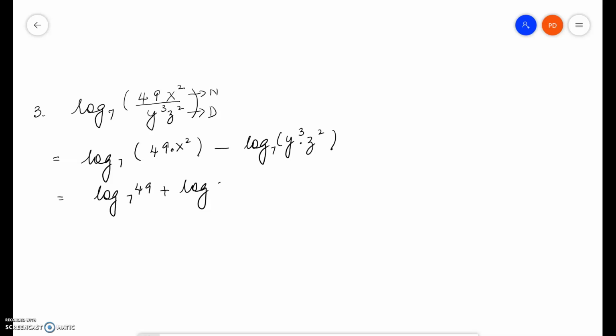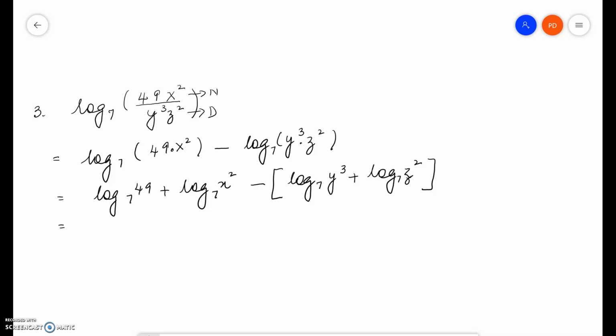Log of x squared to the base 7 minus, and now we're going to split this single log expression into 2. So remember to put your parentheses, log of y cubed to the base 7 plus log of z squared to the base 7.